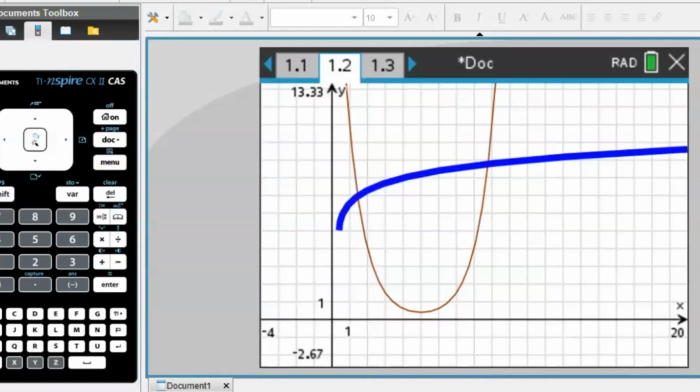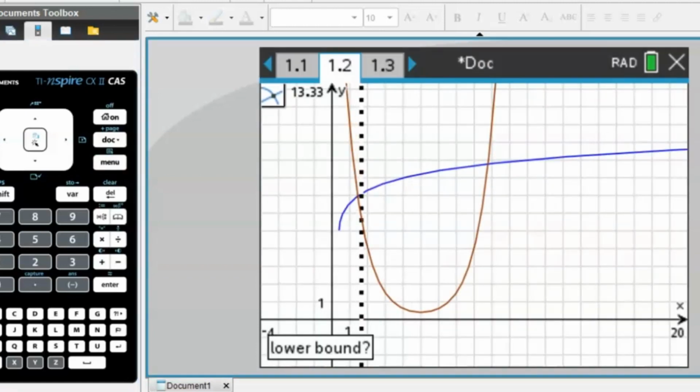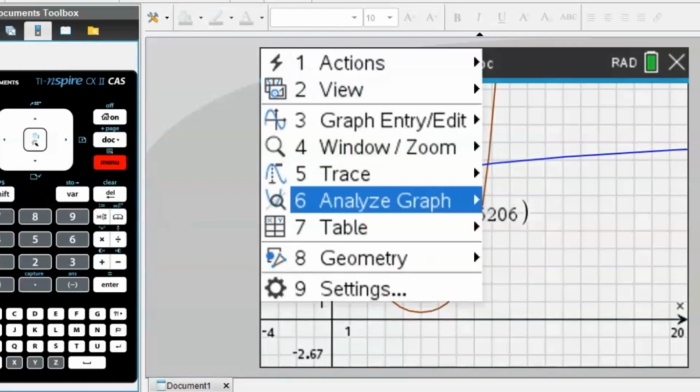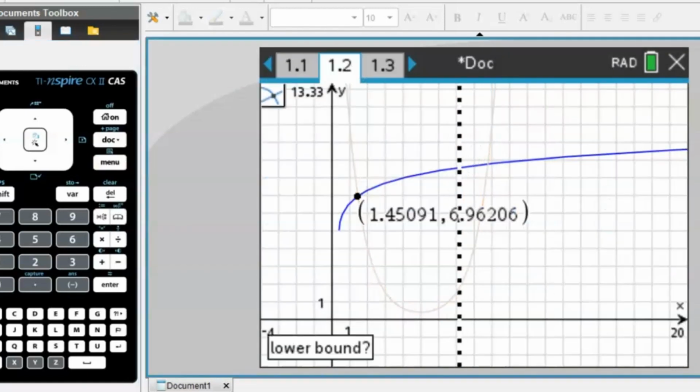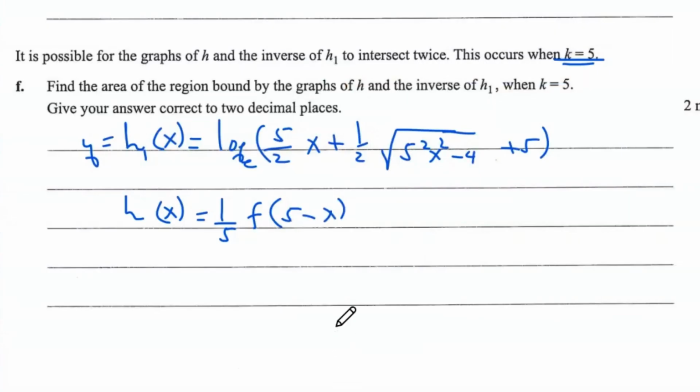Analyze. Alright, now where they intersect. Now trying to find the area. Our intersection points were this.